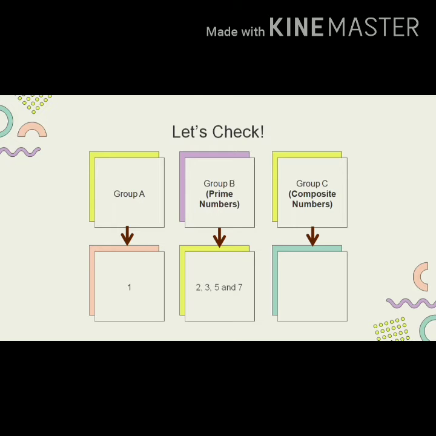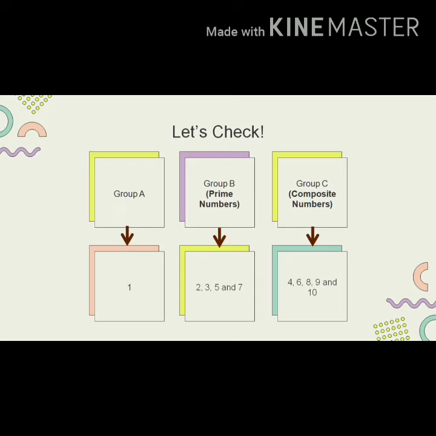And group C are composite numbers that contain more than 2 different factors. So there are 4, 6, 8, 9 and 10. Okay, now you know prime numbers and composite numbers.